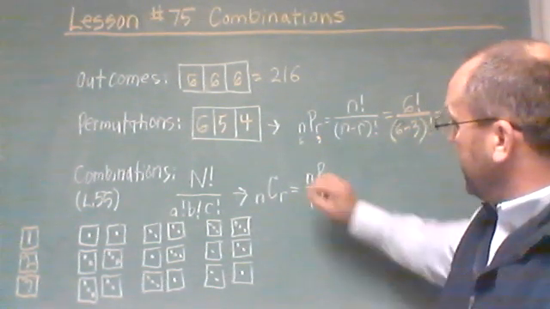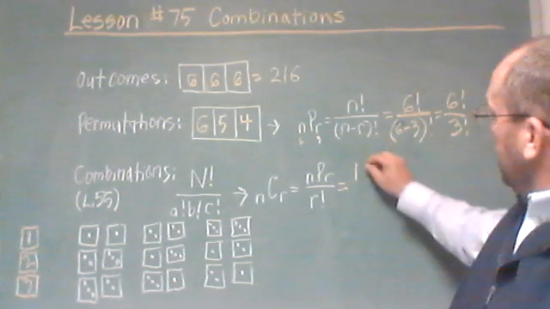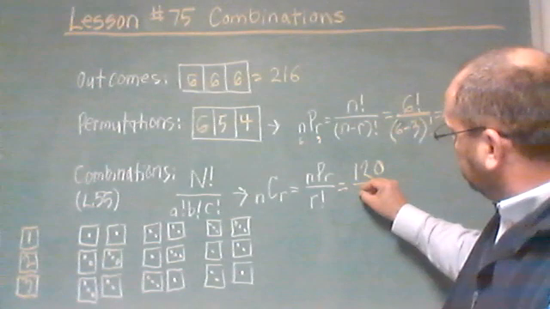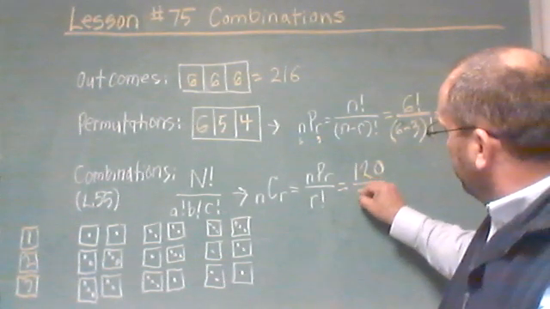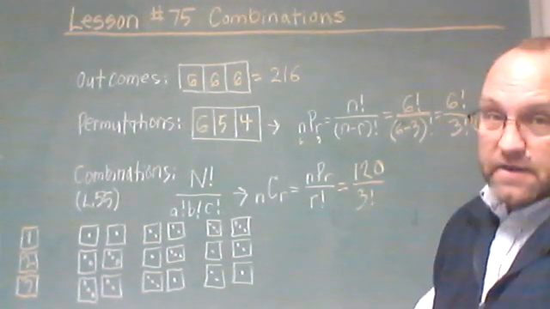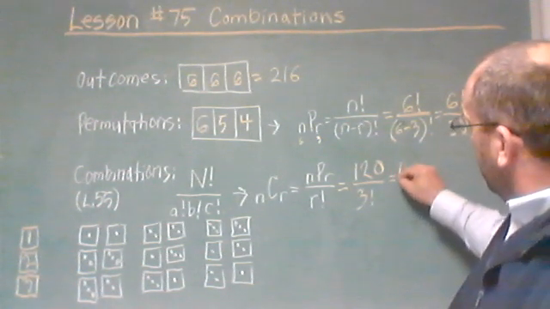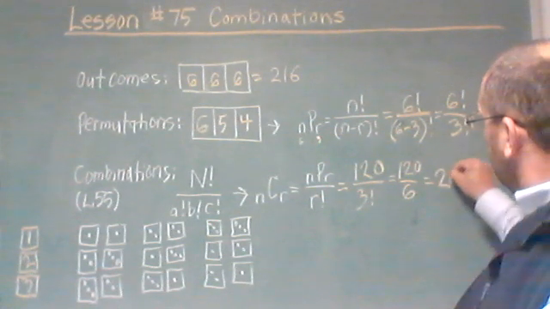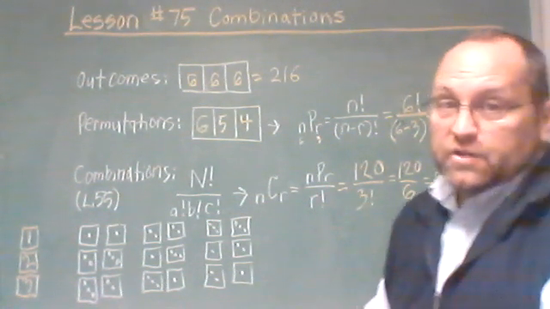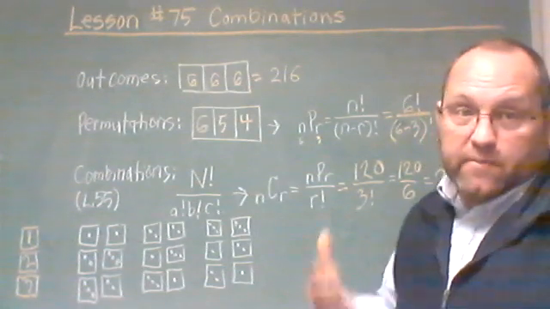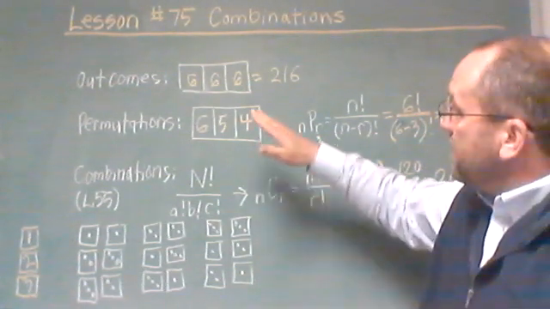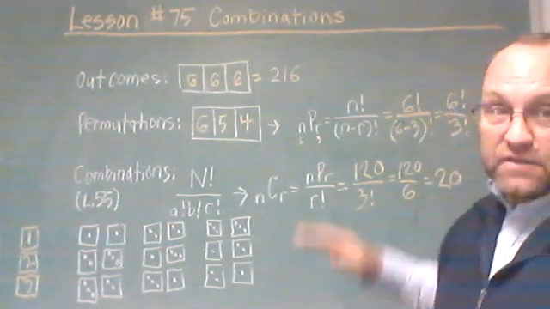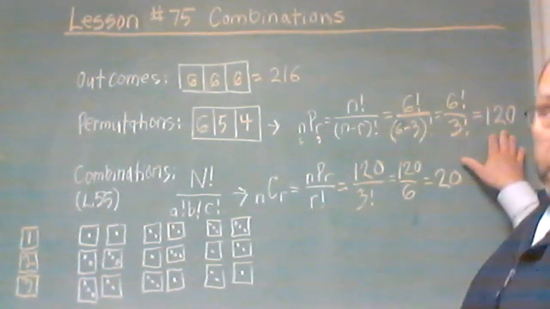So if I plug it into that equation, it's 120 permutations over 3 factorial dice, or 120 divided by 6, and that equals 20, okay? So in rolling 3 dice, either one at a time or all 3 at the time, okay, my outcomes, 216 possible outcomes, okay? My possible permutations are 120, okay?